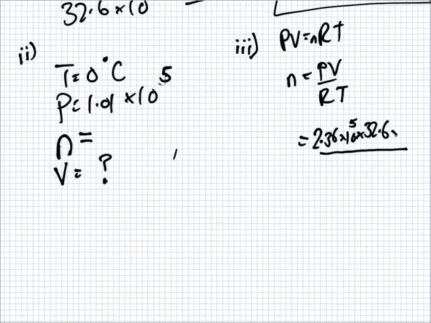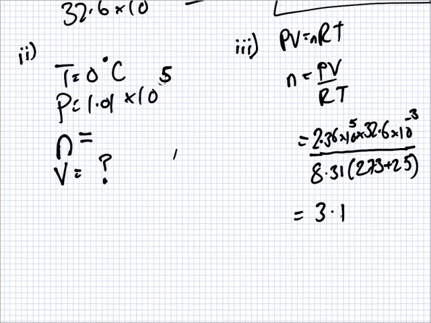Why are you not using the ones changed? Say again? Why don't I use what? The ones changed too. But it doesn't matter, because the n is constant for the whole question, it's not changing. The R is 8.31 and the temperature is 273 plus 25. So I should get an n here. 3.11. You sure?